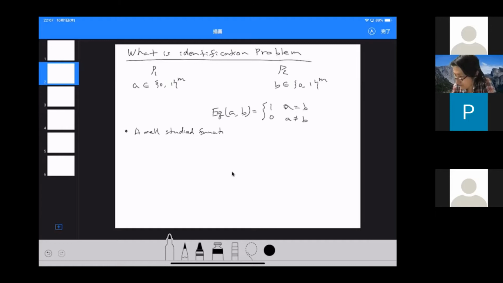Okay, a very simple function. This kind of problem is well studied in communication complexity in theoretical computer science. And why is this function interesting?